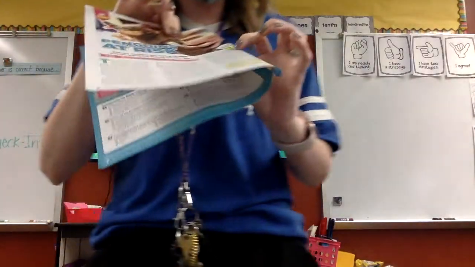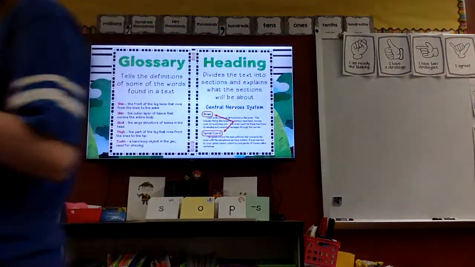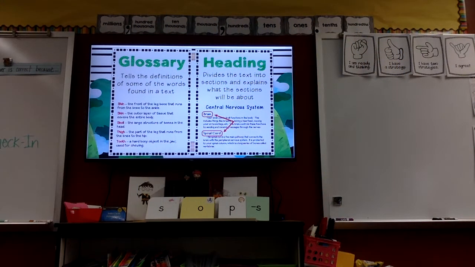Little titles above some of the paragraphs in green. Okay? These are what we call headings. These, just like titles, give us a hint at what that little bitty part of the article is going to be about. See this place?